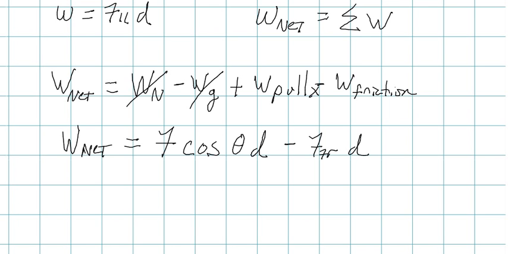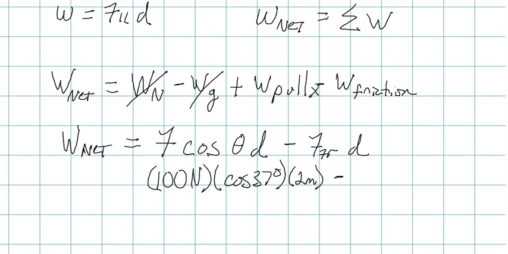Now, what does that end up being? If we do a little math here, we end up with 100 newtons times the cosine of 37 degrees times our 2 meters, minus our 50 newtons times our 2 meters.